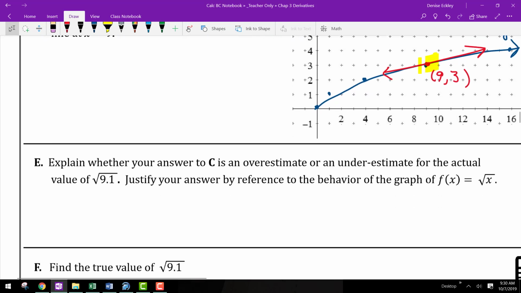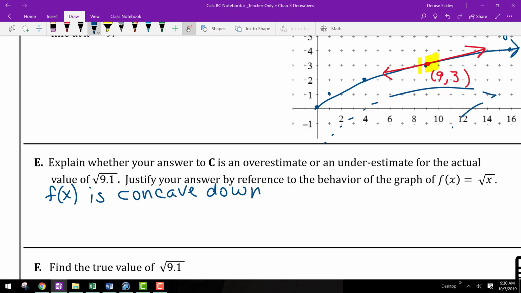So explain whether your answer to C is an overestimate or an underestimate for the actual value of the square root of 9.1. Justify your answer by reference to the behavior of the graph. Okay, so what we can say is that f of x is concave down, because it's like an upside-down bowl like this, so it's concave down.